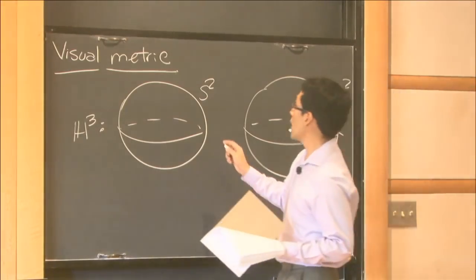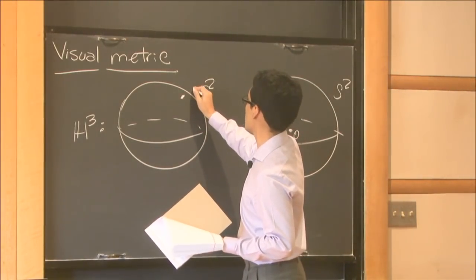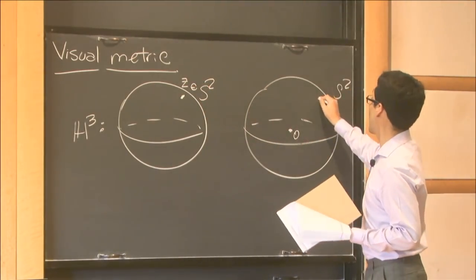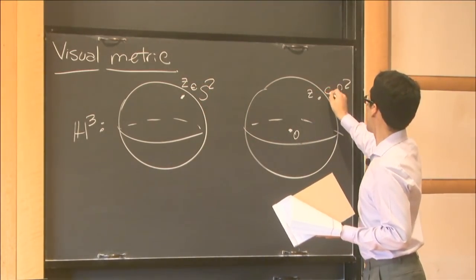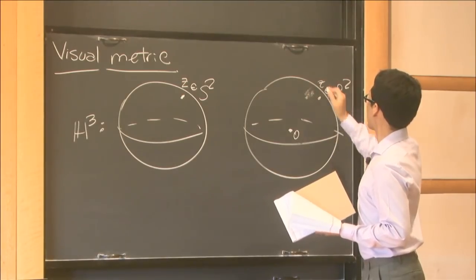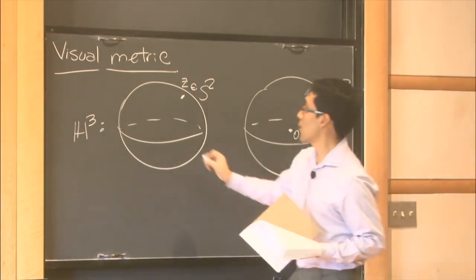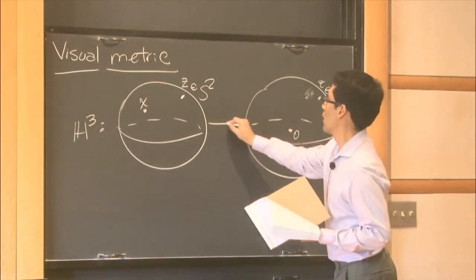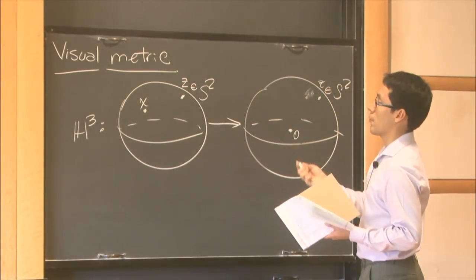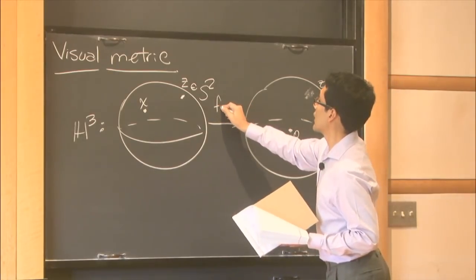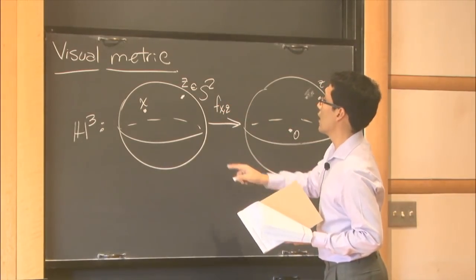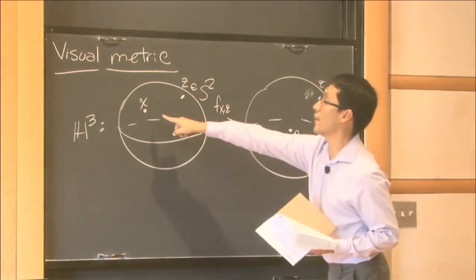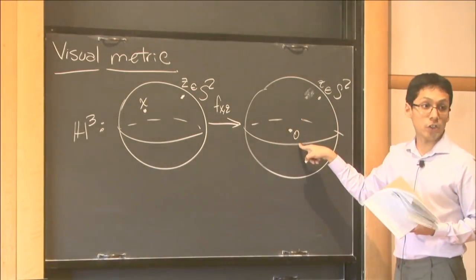Given that, we are able to do the following construction. Pick a point in the boundary of hyperbolic space, call it c, and pick an interior point x. You're going to have many, but at least pick one of them, of isometries of H3 that are going to fix c but are going to send x to the origin.